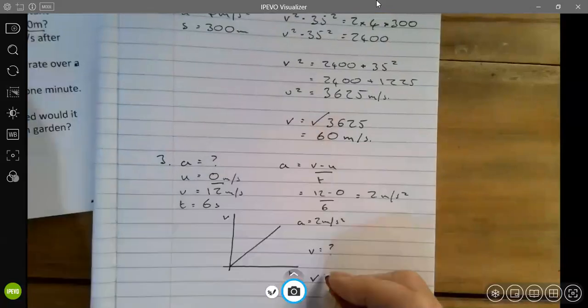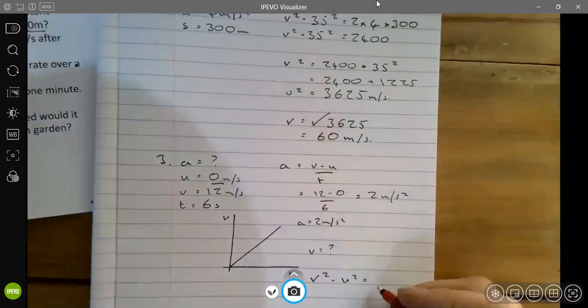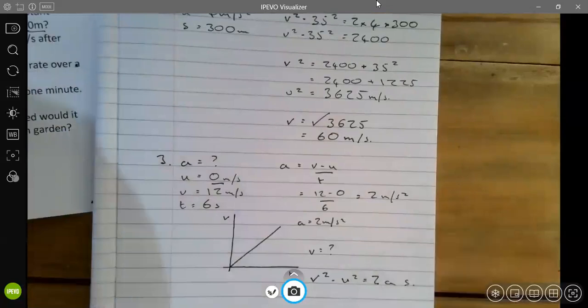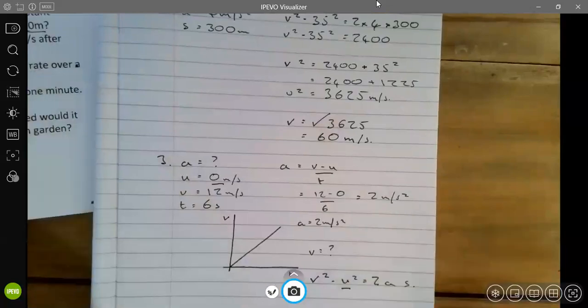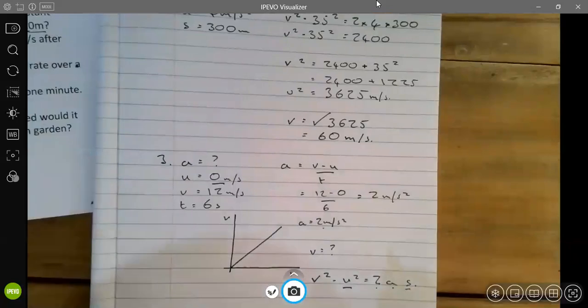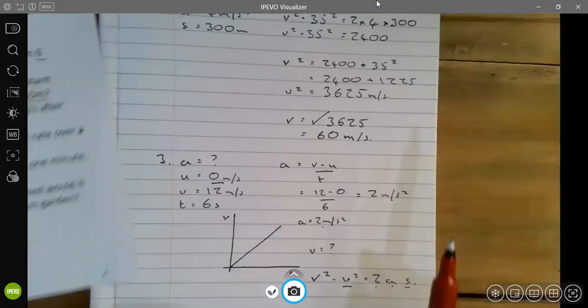So we've got v squared minus u squared, which is 0, is equal to 2as. We know that u squared is equal to 0. Acceleration is 2 meters per second squared. And we know displacement here is 10 meters, because he's travelled a further 10 meters.